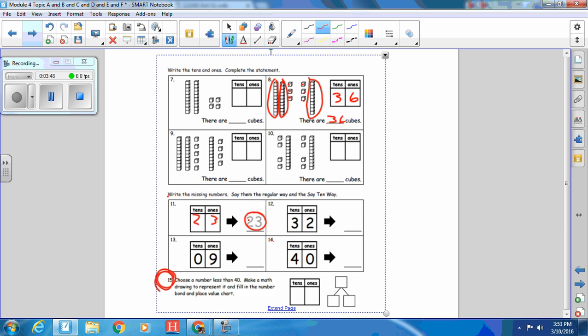They've got to create their own number and draw a picture. So if I wanted to use the number 17, it's actually a 10 and a 7, and I could have a bundle of 10 here, and 1, 2, 3, 4, 5, 6, 7. That would be my picture. If you are feeling extra ambitious, feel free to do that.